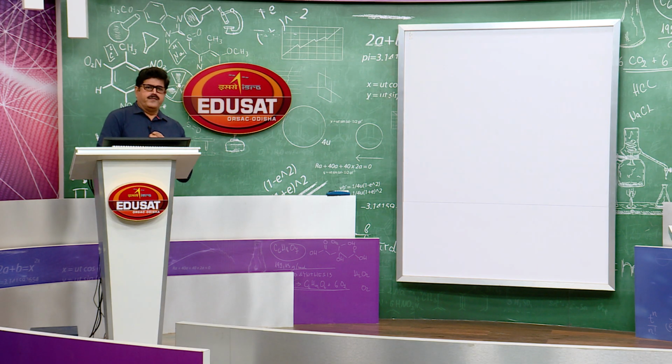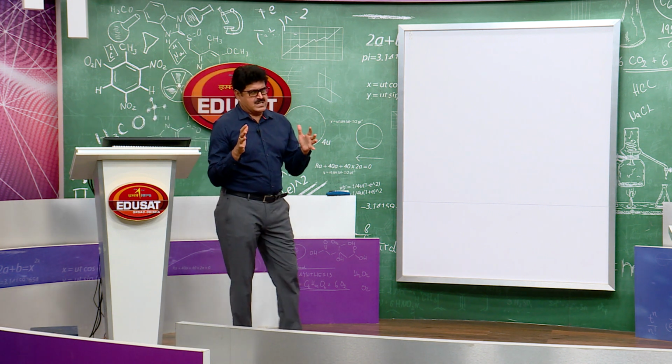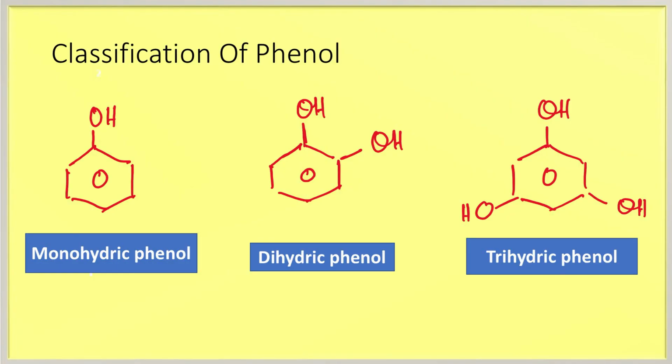The next part of this class is the classification of phenol. How to classify phenol? Like alcohols, phenols are classified into three classes depending upon the number of OH groups present on the benzene ring. Number one, monohydric phenol. Dihydric phenol, displayed here, has 2 OH groups.